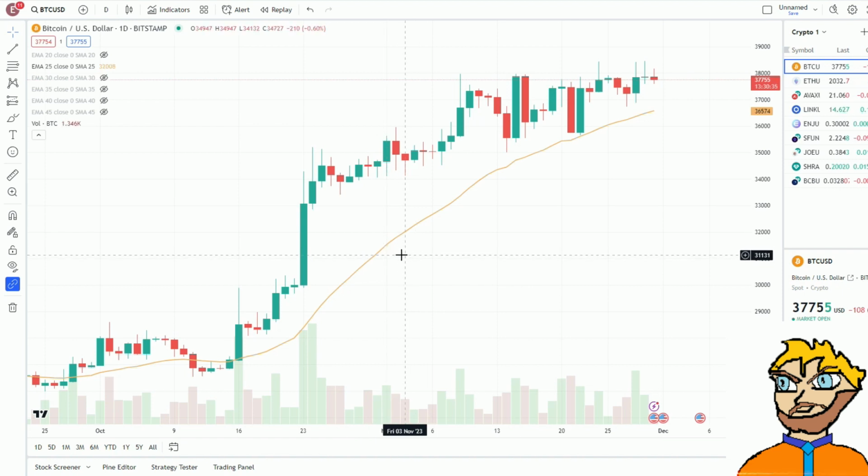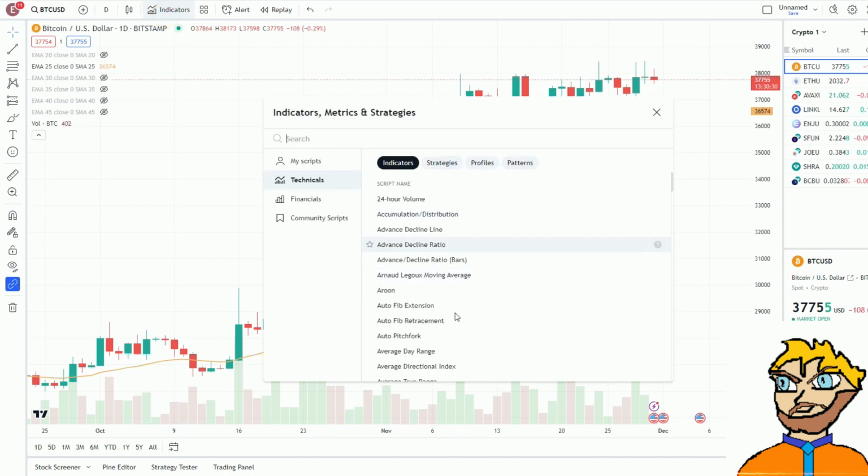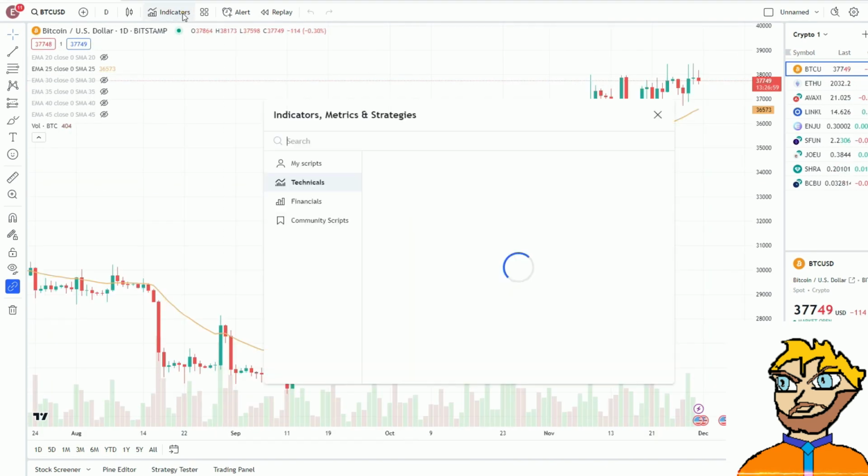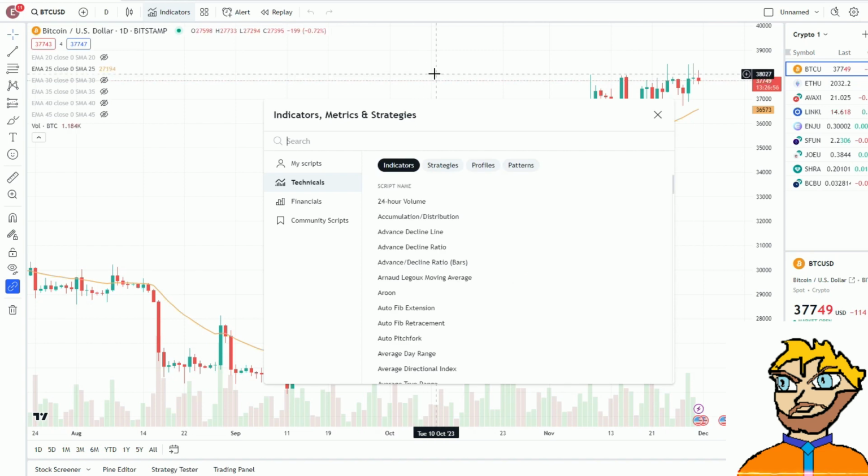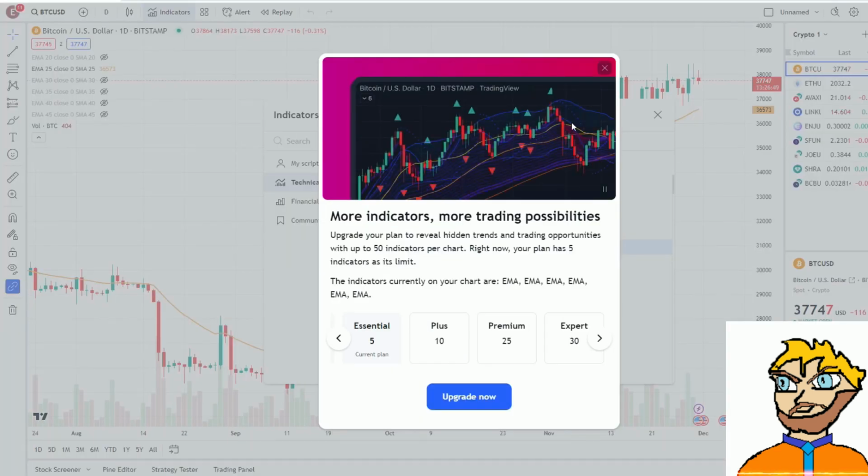So inside of TradingView, usually you click on Indicators, and you can find moving averages here. But since my Essential version is limited and your free version is even more limited, you can click on any of these here, and this will show up. Here you've got the Essential version, the Basic version, Premium, and so on, Elite.